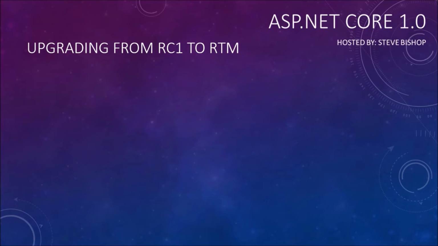But while I was trying to go through the process of upgrading our application from RC1 to RTM that we've been working out of, the Contoso application, I discovered a lot of little problems along the way that just took several hours of research to find the solution and find the answer on what was wrong and how to fix it.